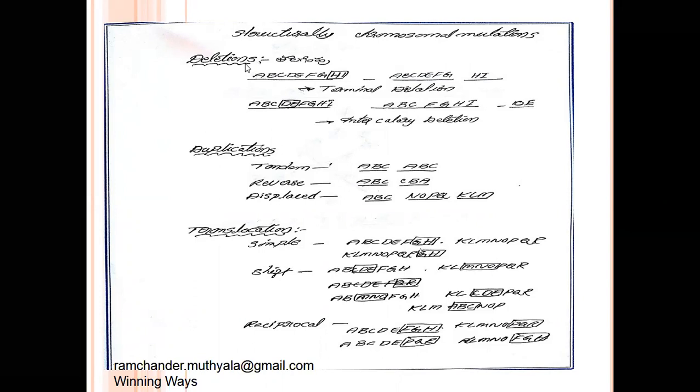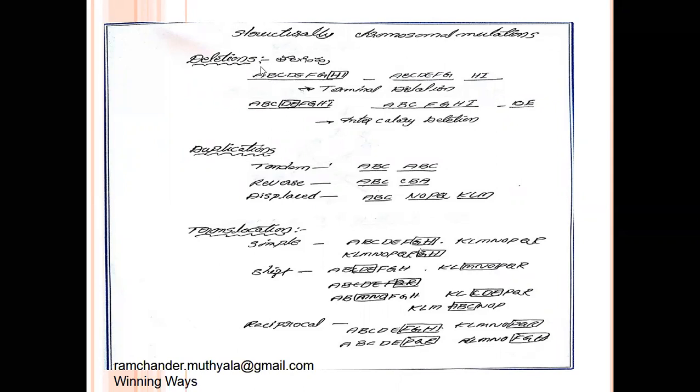Some amount of genetic material is deleted from the chromosome. Genetic material deleted from the chromosome, or elimination of genes, is called deletion.